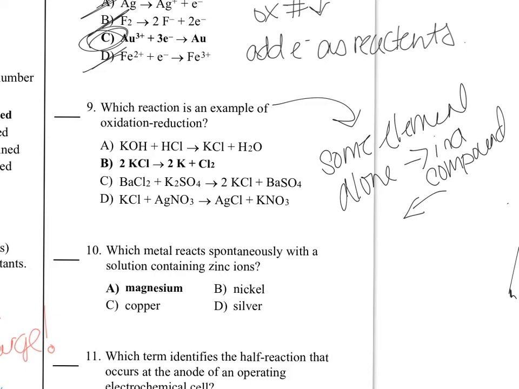I don't really care whether it's in the compound first or then it's alone, but take a look at what our correct answer is. We have K in a compound as a +1, and then K alone, it's a 0. It's an implied oxidation number change. You don't have to know it goes from a +1 to a 0, but you have to know that it goes from something that's non-zero in a compound, because it can't be 0 in a compound, to something that is 0 when it's alone, okay?